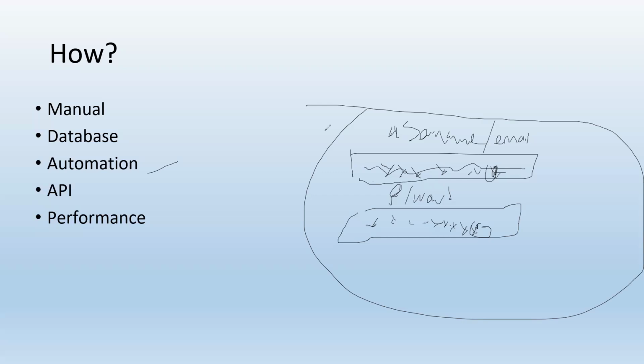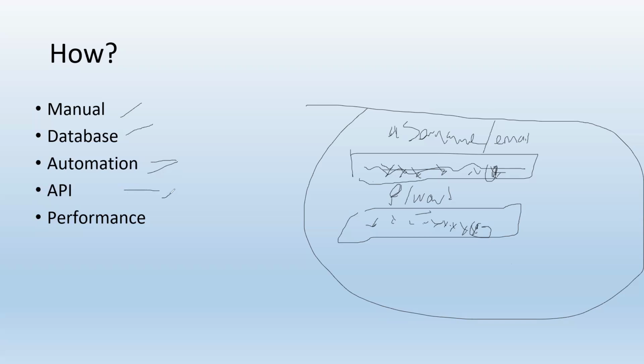I don't want to log in with this username and password again and again. So just write an automation script, it is able to log in automatically and move to the next step. That's automation.